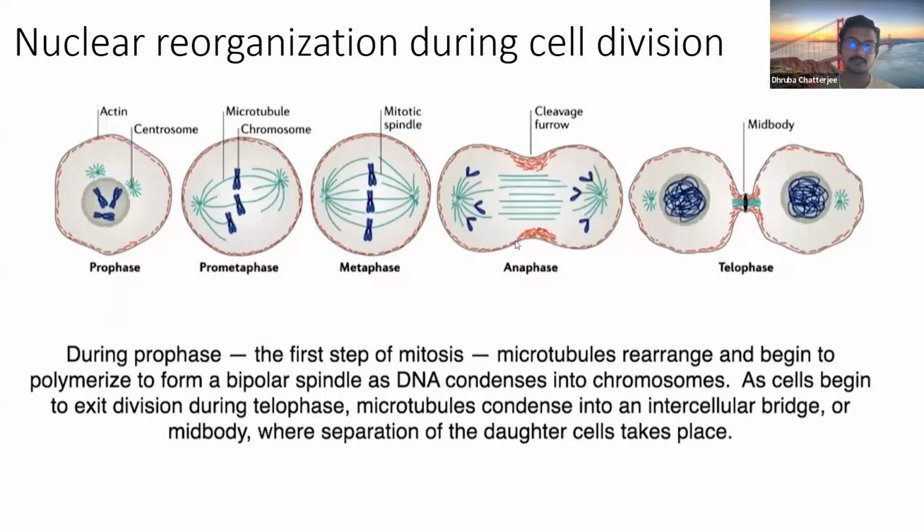So this is karyokinesis, but the cell also starts its preparation for cytokinesis, that is, division of the cytoplasmic contents and pinching of the cellular plasma membrane to form two separate daughter cells.